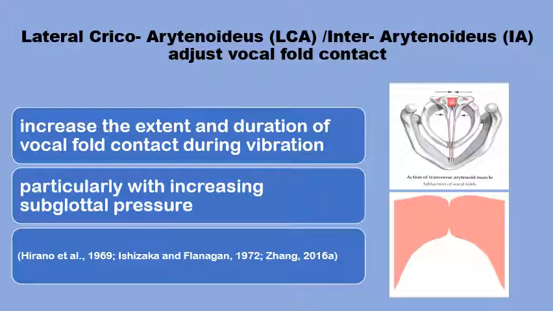The extent and the duration of the glottis closure and vocal fold adduction during phonation can be improved by the lateral cricoarytenoides and to a lesser extent by the interarytenoides muscle. These muscles improve the vocal folds contact, particularly with increasing subglottic pressure.